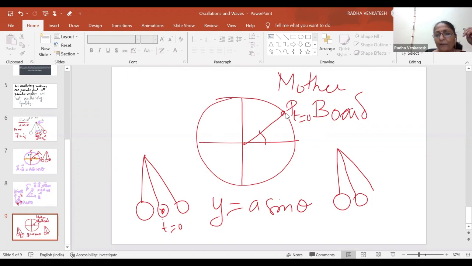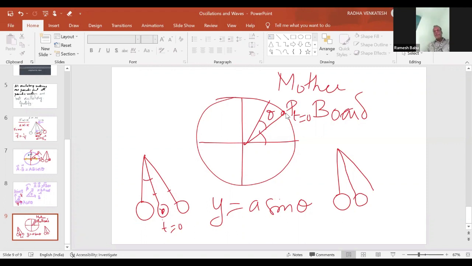Okay. So now it has already covered some angle from its mean position. Will you agree? Now I am starting to see it. It was here, and after some time it would have gone there. So according to me, it has covered an angle theta. Are we clear?